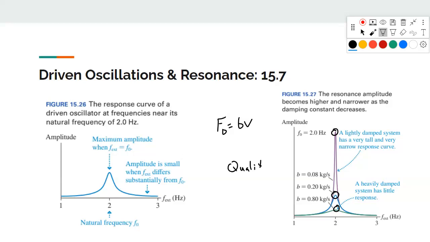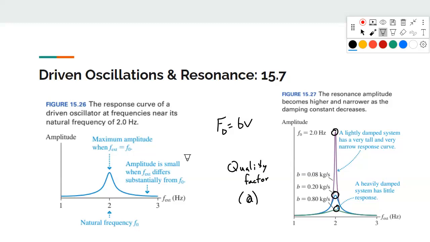And so if you want to read more about this, it's quantified with what's known as a quality factor, often written as the letter Q. And this is something that engineers are really obsessed over in a lot of large-scale building situations, because the quality of a building really determines what will happen when the wind blows on it, for example. So you want some sort of balance, because if it has no friction, then you're going to get really high response.